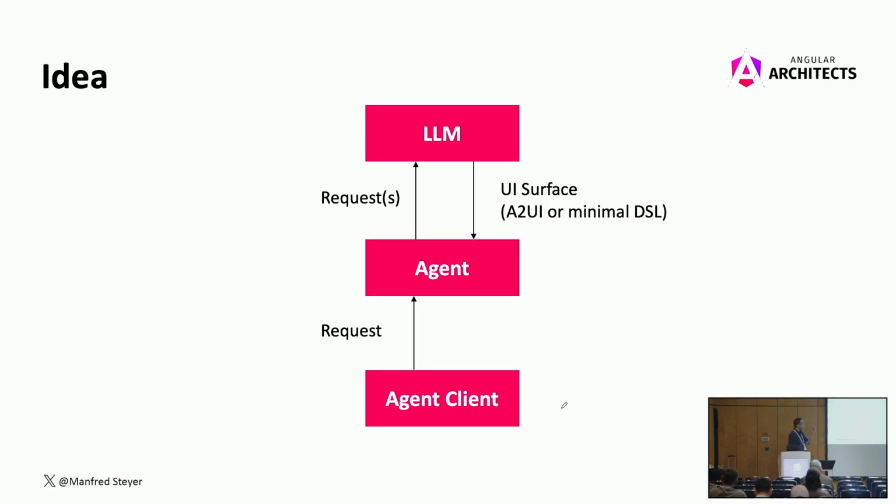And this can already be A2UI or a minimum DSL, shrunk down to what you actually need. Dealing with flights, dealing with delays, something like this. So this is up to you. And this is also, once again, this trade-off. If you give the AI a bit more freedom, it is more flexible.